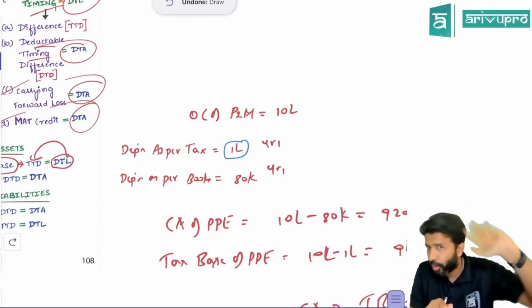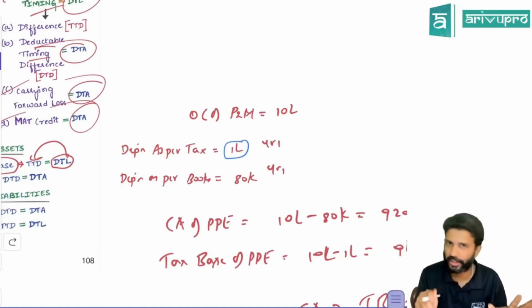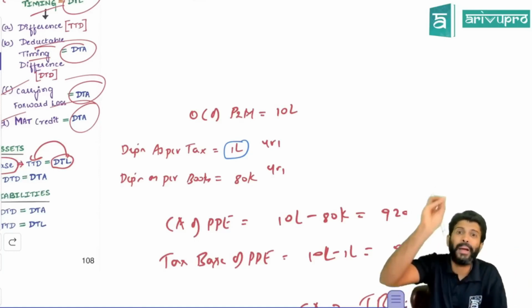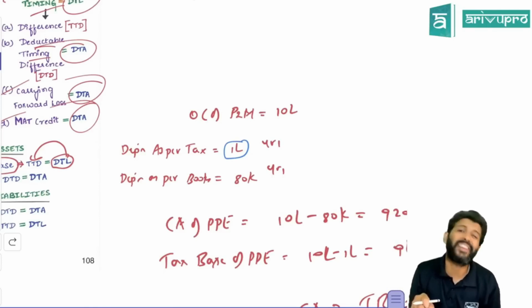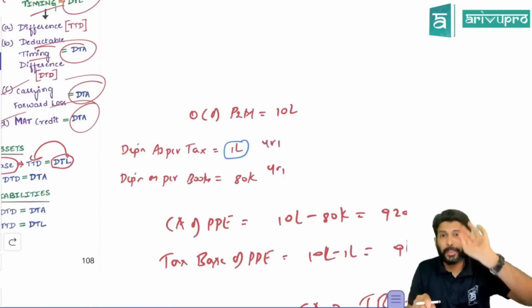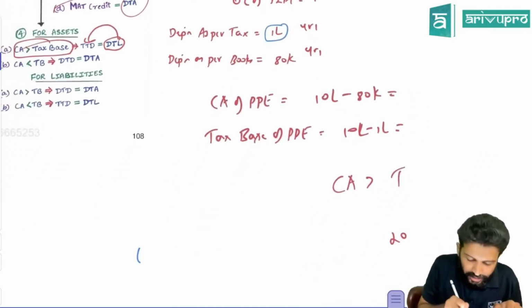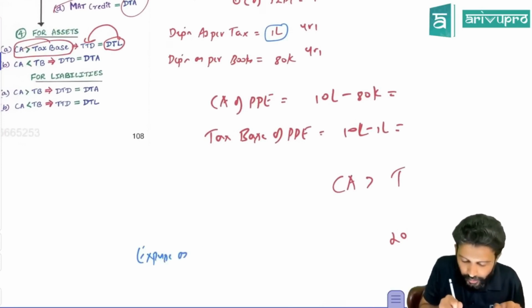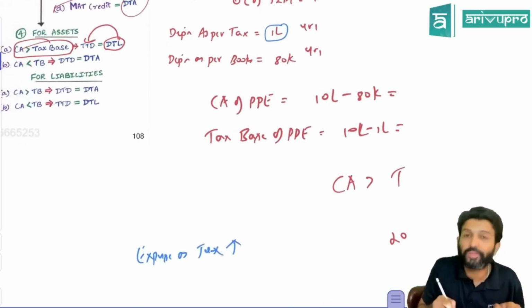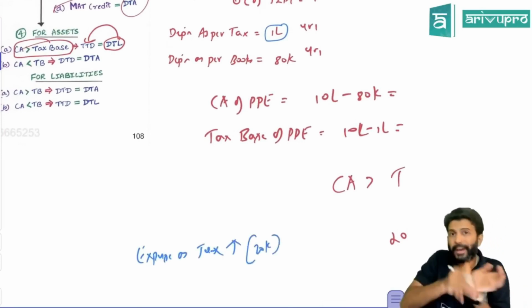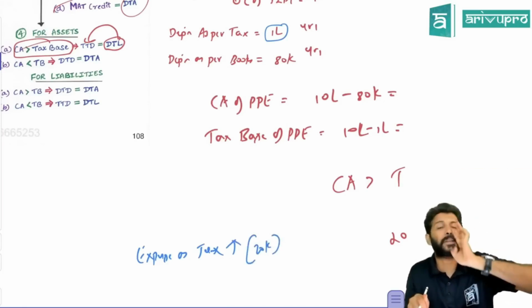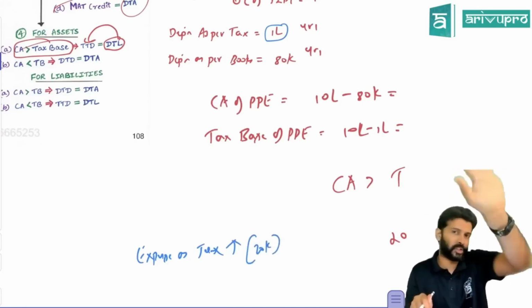So compared to accounts, tax has a higher depreciation, by 20,000. Expense as per tax record is more by 20,000. Compared to accounts, the tax record has an excess depreciation of 20,000.